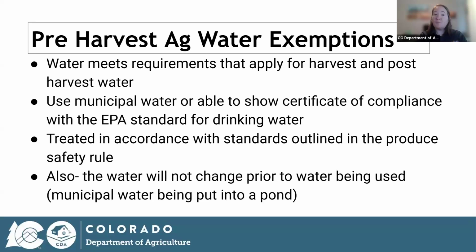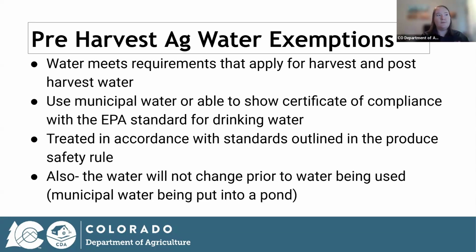If you are using municipal water, I know some people do use municipal water for their pre-harvest. All you would have to do is show records showing that it meets the EPA's drinking water standard, which would be a part of that paperwork that they send you. That would also work.